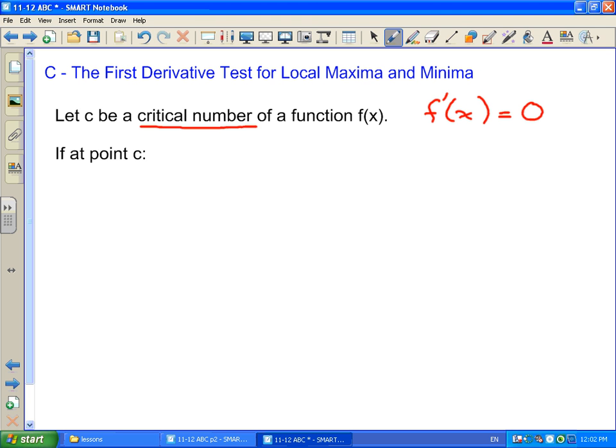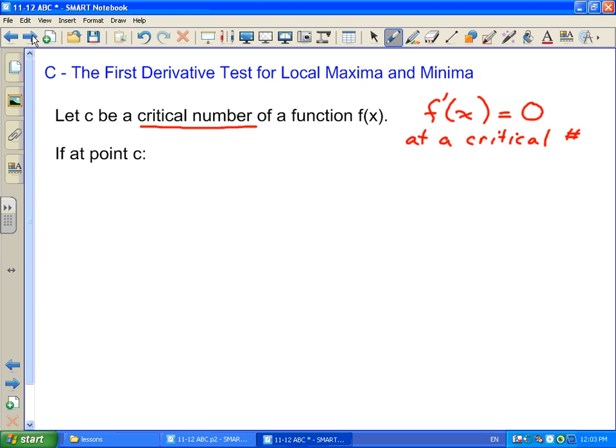Because from that definition on the previous page, those are possible places where we have a turning point. So f prime equals 0 at a critical number.